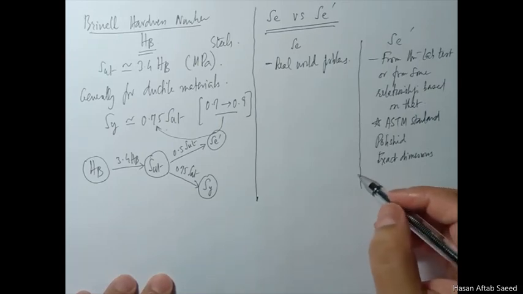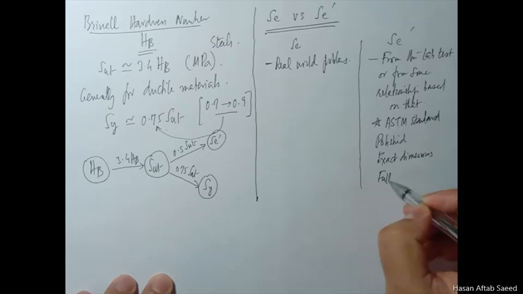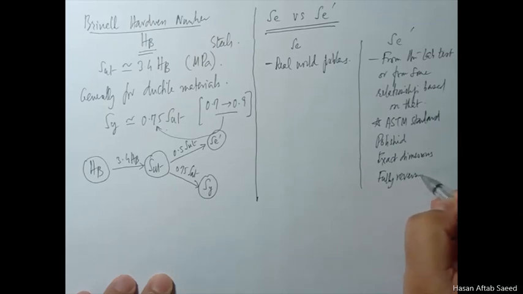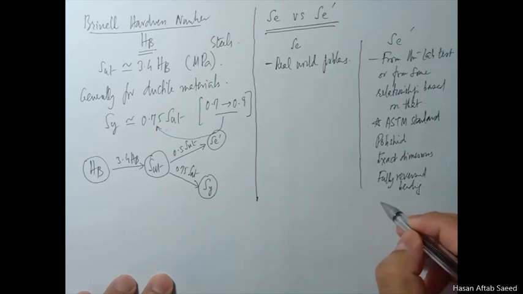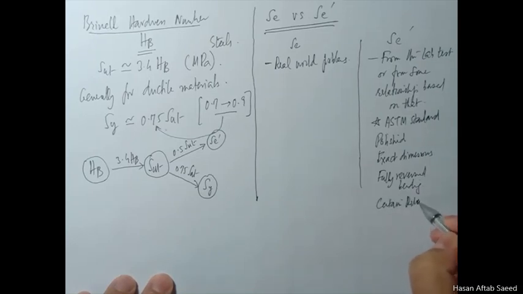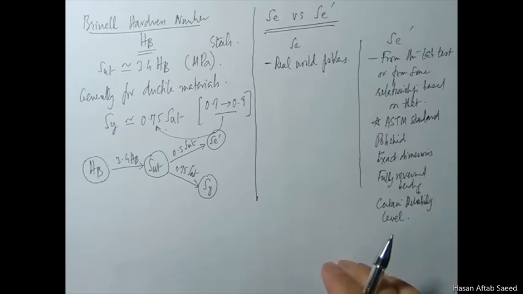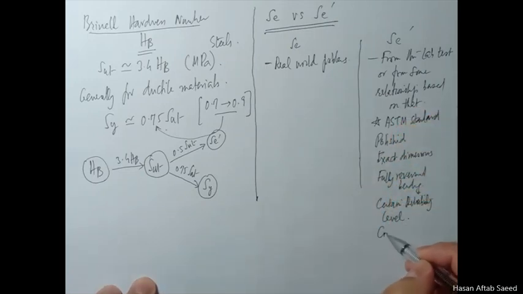And then fully reversed bending. It's not just any kind of loading. And obviously a certain reliability level, 50% is normally reported. So there are so many things, a correct procedure. There's a procedure.